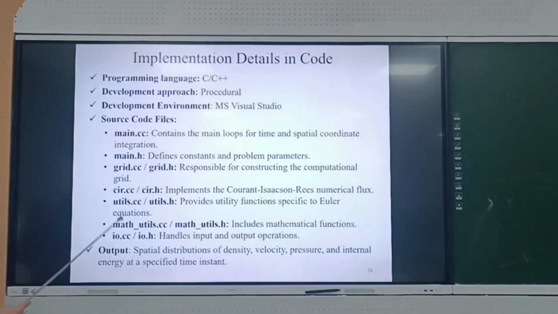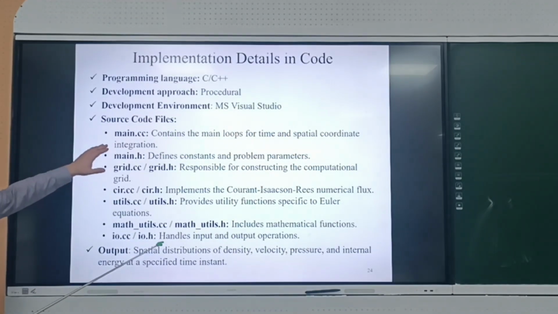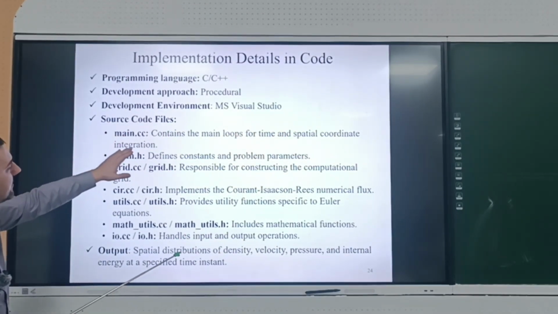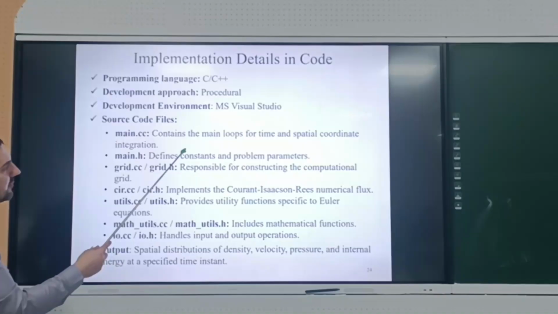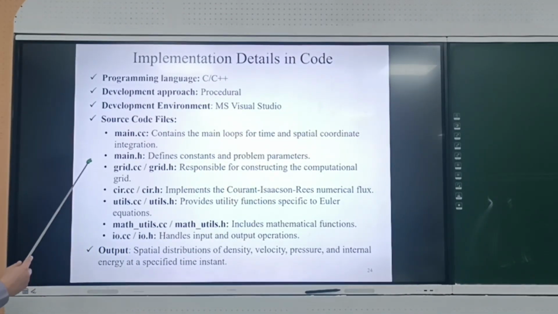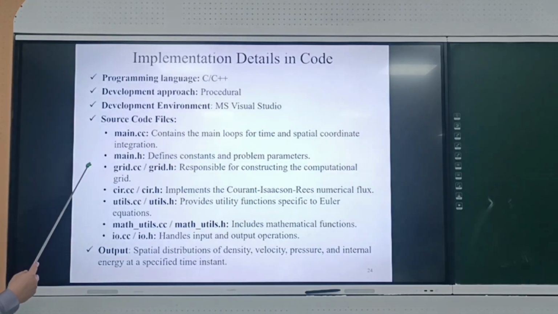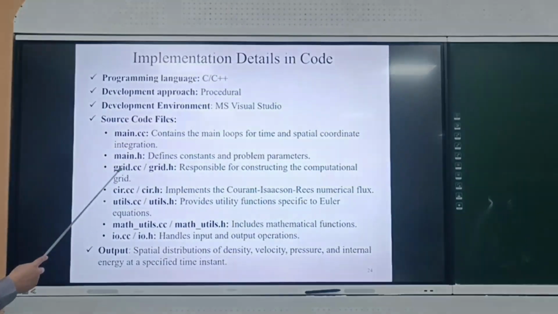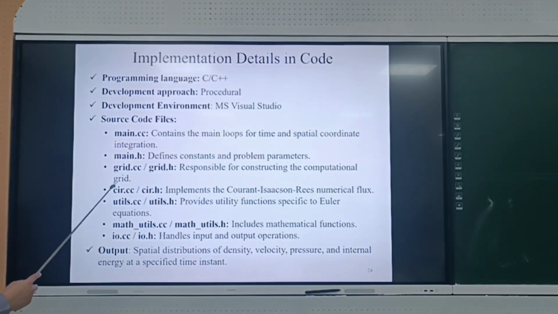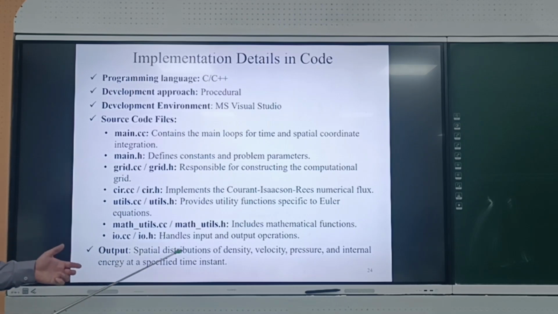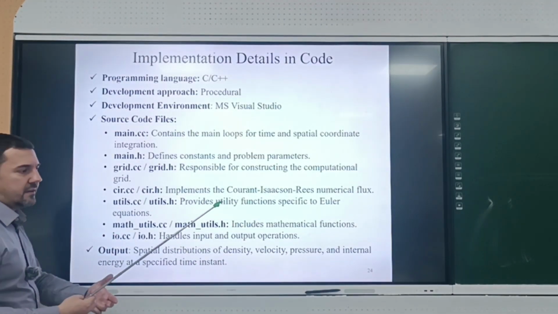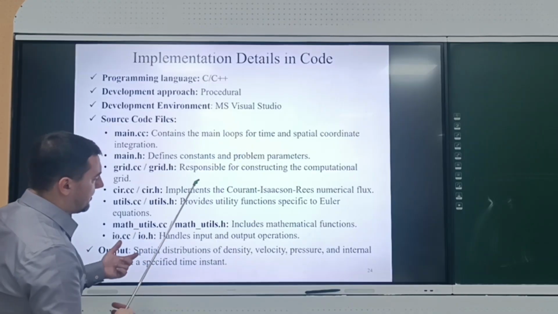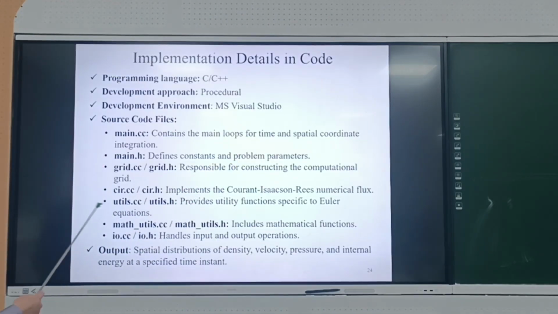There are several functions. The typical structure is as follows: the file main.cc, which contains the main loops for time and spatial coordinate integration; a file with all the constants; a file responsible for construction of the computational grid; implementation of the numerical flux, CIR; implementation of the scheme with the numerical flux; a lot of different utility functions to compute the speed of sound, conversion of conservative variables to primitive variables, and so on; and input-output.